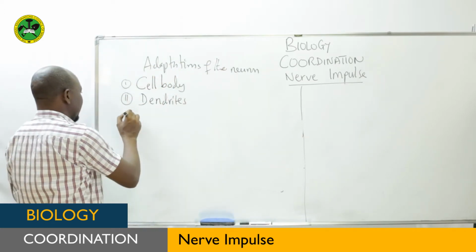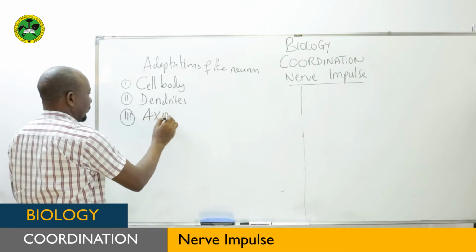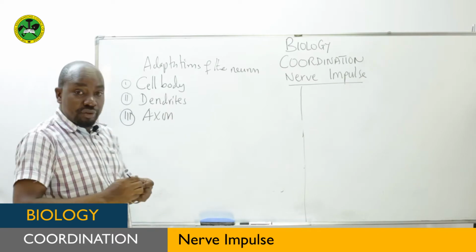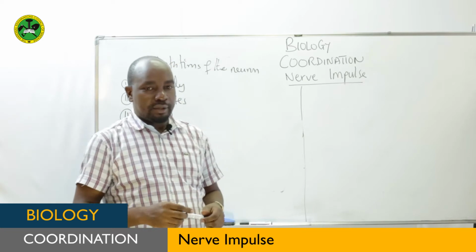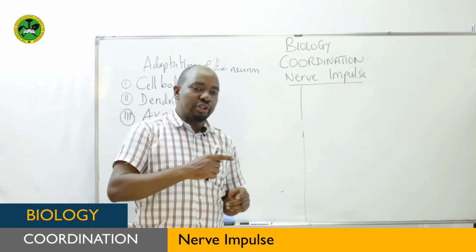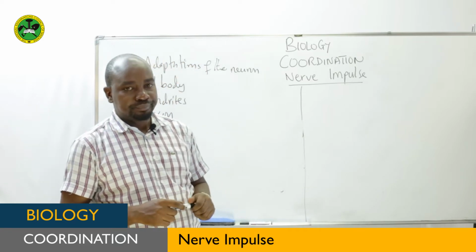Another feature is the axon. The axon is a thin, long, fiber-like structure which projects from the cell body.